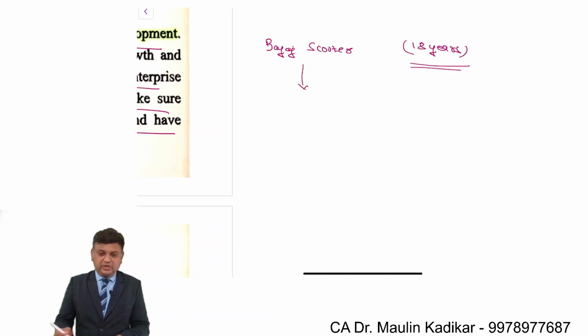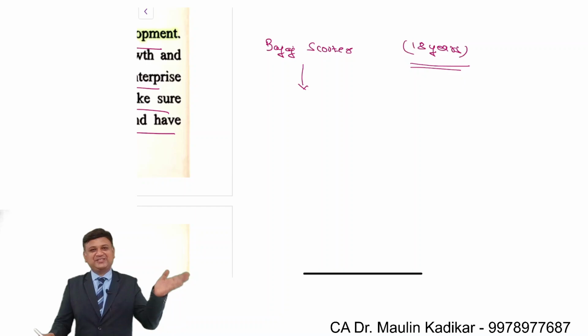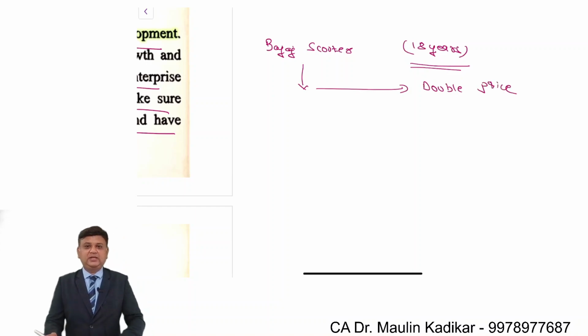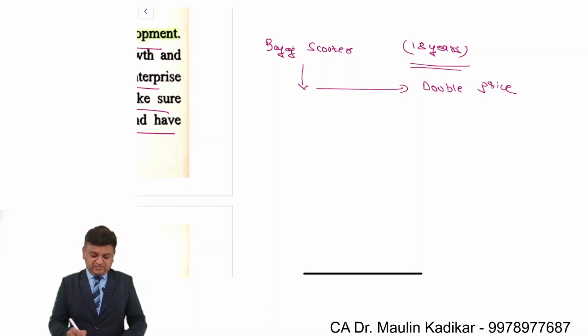If I purchased a scooter today that was booked 18 years ago, I could immediately sell that scooter in the market at double the price. That was the situation which the Bajaj company had.